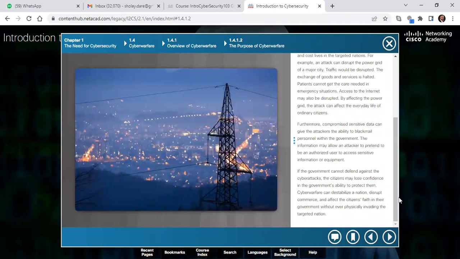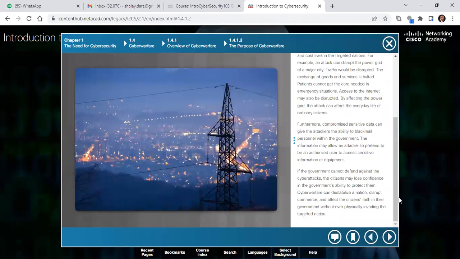Furthermore, compromised sensitive data can give the attackers the ability to blackmail personnel within the government. The information may allow an attacker to pretend to be an authorized user to access sensitive information or equipment. Most of the time, as a cybersecurity person, the first thing you have to think about is how to protect your network.